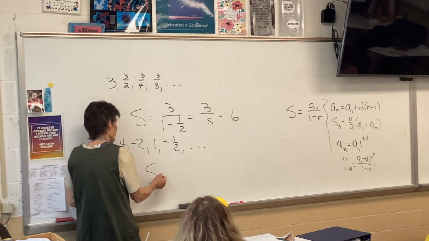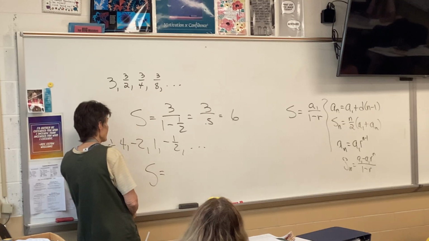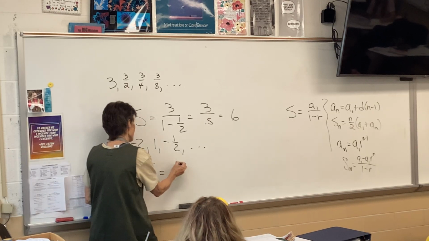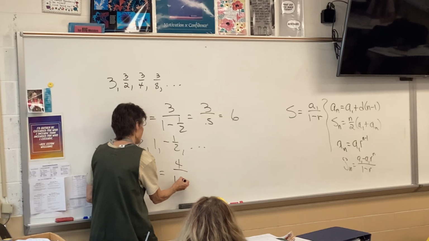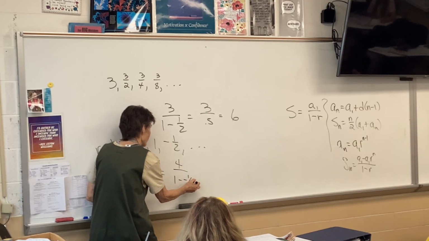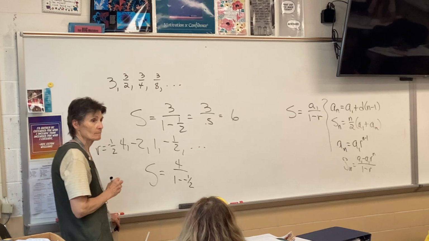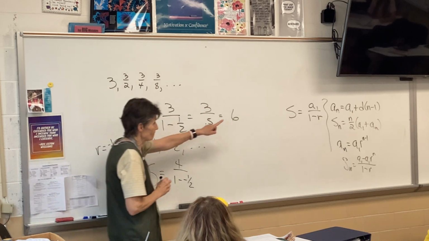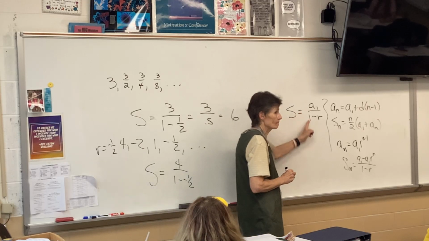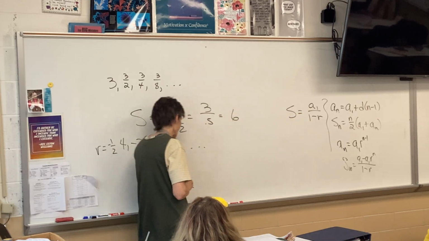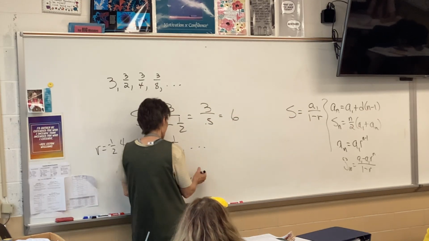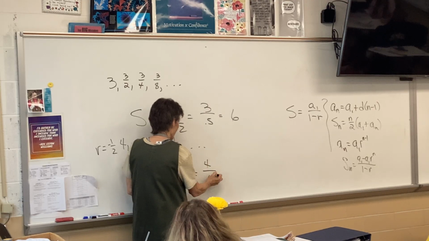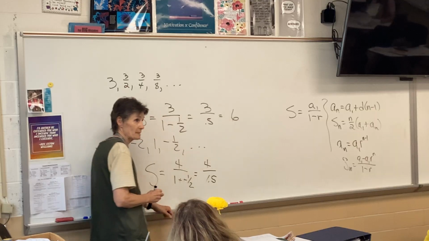So what does my formula say? The sum is going to be the first term, which is 4, over 1 minus negative 1/2. What's 1 minus negative 1/2? 1.5? 1 plus 1/2?